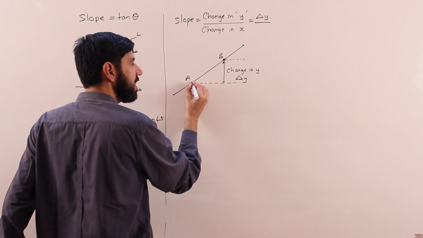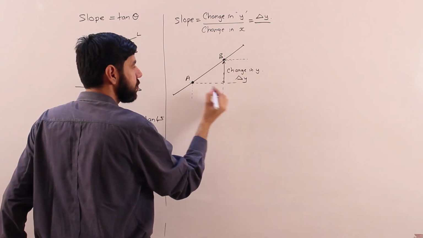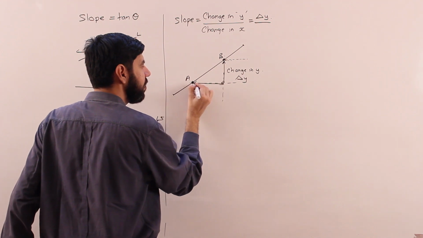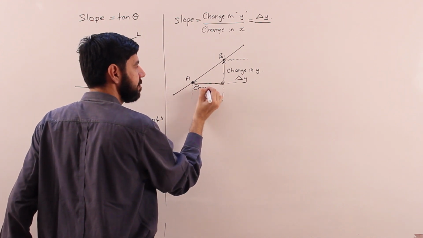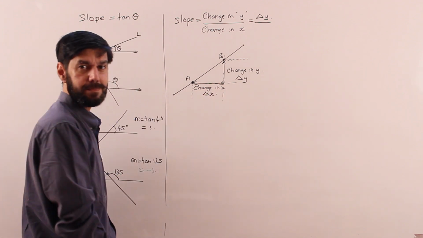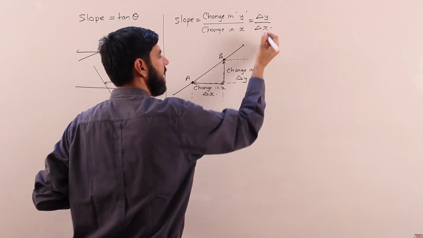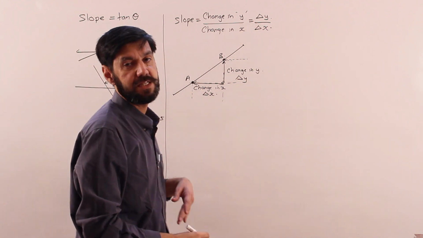Yes. I was at A, I moved to B. So this part is called your change in x, again delta x. Right? So change in y over change in x, delta y by delta x, is the slope.